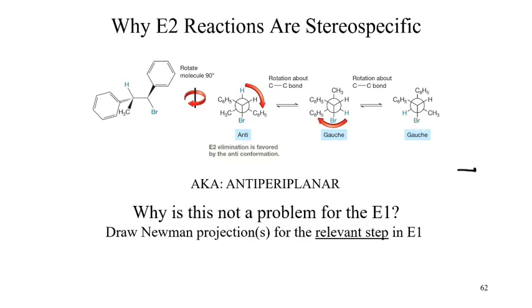If I remove the bromine, I get a hydrogen, a phenyl, and then I would have that p orbital on the front carbon. That p orbital is my carbocation. Why do I not need to worry about this at all when I'm looking at the E1? Because in the E1, that hydrogen that I'm removing could be removed in any of a variety of different locations.